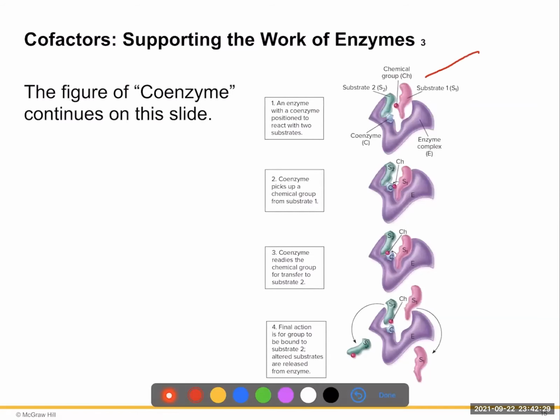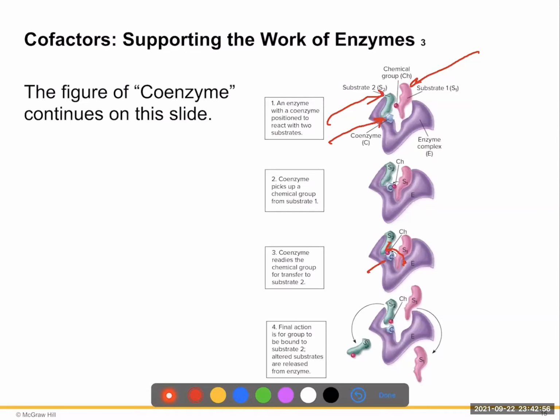Okay, so here's substrate 1 that comes in and substrate 2. Both bind into the enzyme. You can see the coenzyme, in this case coenzyme C, is right there. Both substrates combine, they fit into it. The coenzyme C facilitates the transfer of the little red dot, the little red substrate right there, from substrate 1 over to substrate 2.